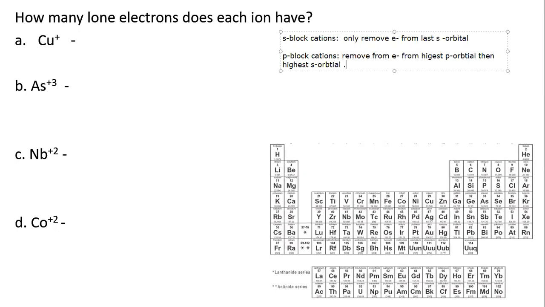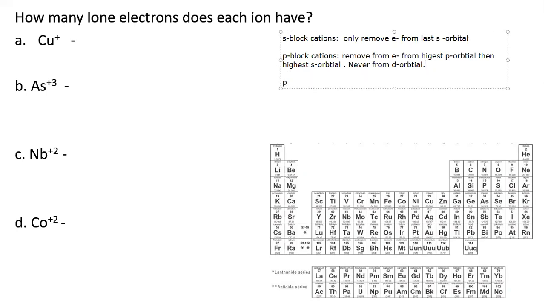Okay, that's p block cations like aluminum plus, tellurium plus 4, etc. Never from the d orbital. So for p block cations, it's always going to be the highest s and p. That's it. Never from the d orbital.